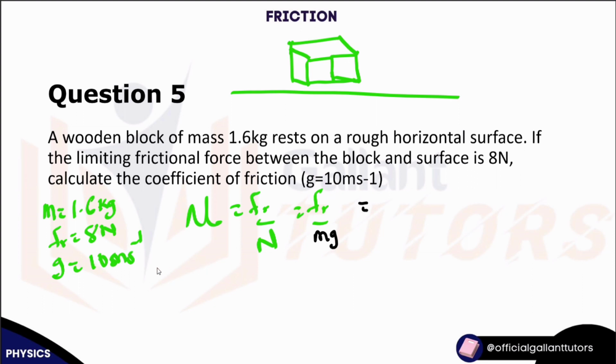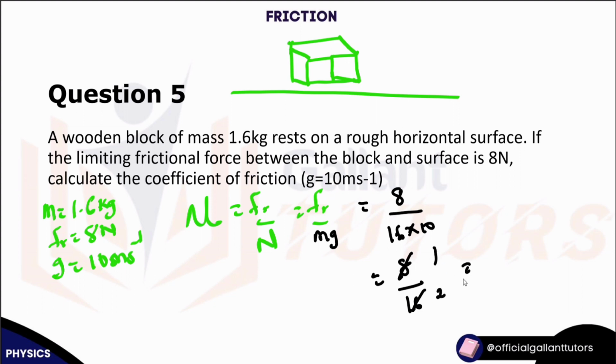Okay, so we have our frictional force. We know what our m is, and we know what our g is. So that's simple now. So we have 8 divided by 1.6 times 10. So 8 divided by 16. 8 here 1, 8 here 2.